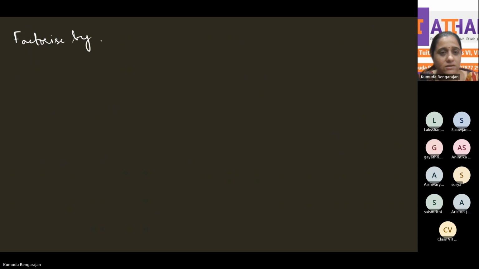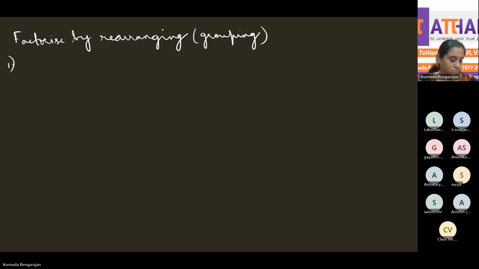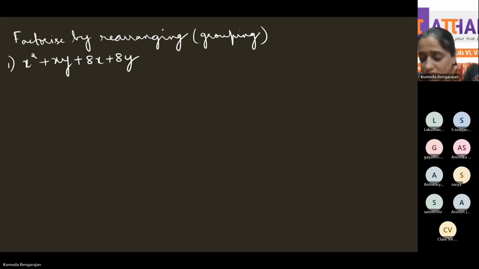Factorizing by rearranging or grouping is also one. So there are 4 terms, right?